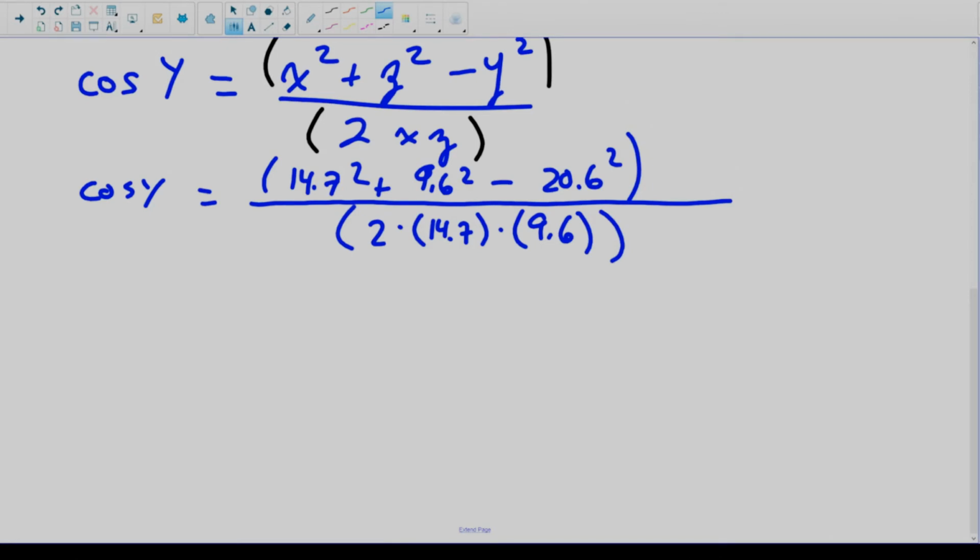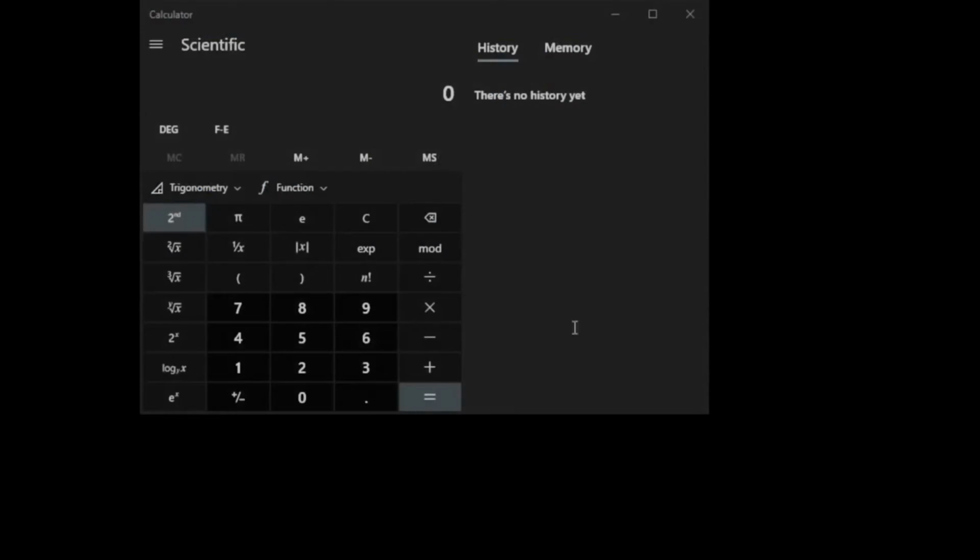I'm just going to clear out some values here. I hope this works. Okay, so you should be able to see my calculator now.